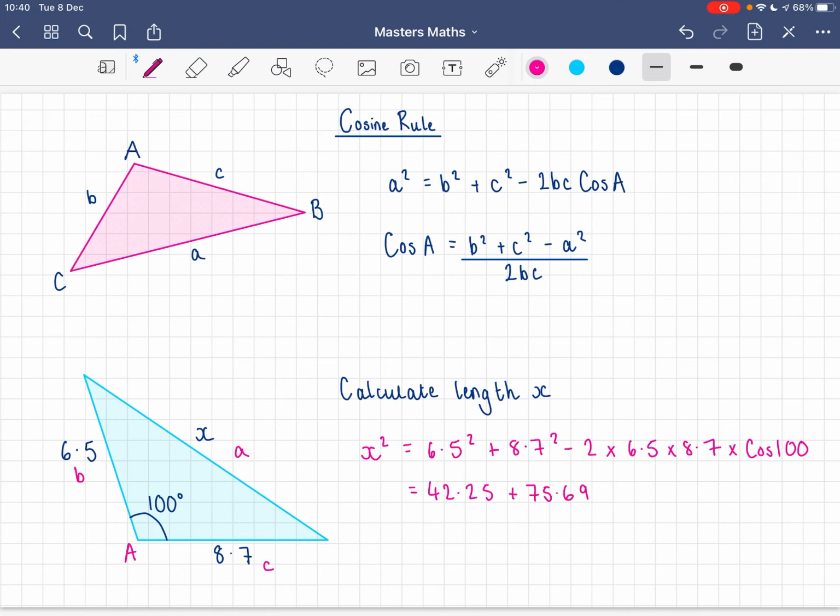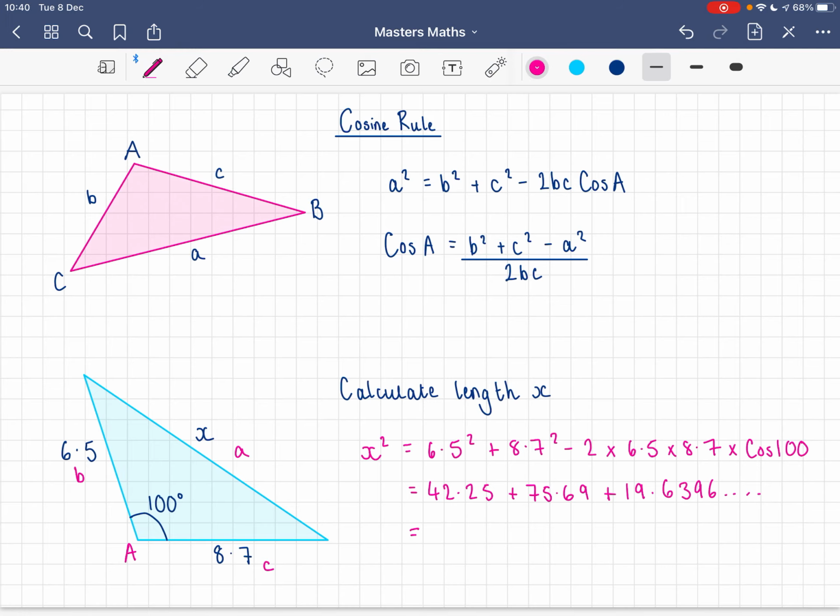Don't forget, my answer was negative, and this is negative as well. So a negative and a negative make it positive. So it's now becoming a plus 19.6396. I'm not going to round it in my calculator. I'm leaving it there when I do the next step.